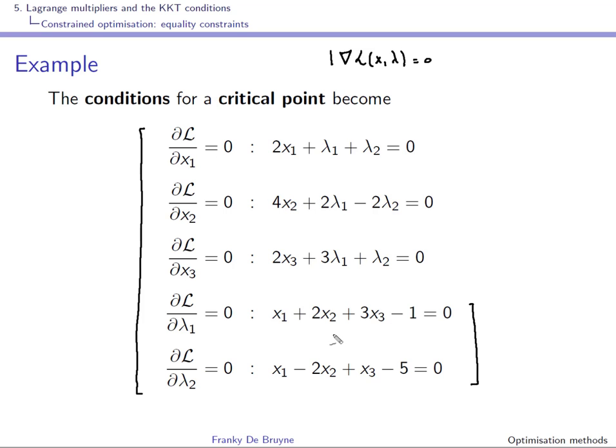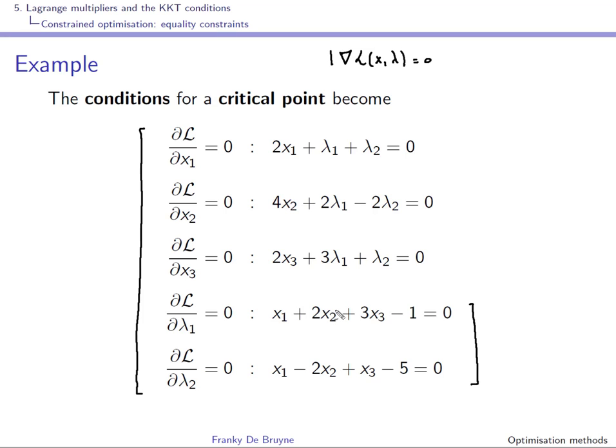As you can see, this system of equations here is not that difficult. This is because of the problem. If you have, for instance, a nonlinear function with nonlinear equality constraints, the system of equations that you might have to solve might be, well, substantially more complicated.